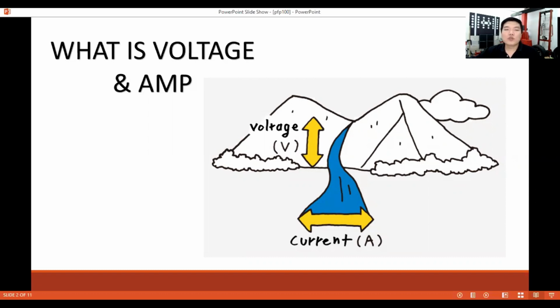The highest is mostly 100 amp. If you are repairing a car, you will also see the fuse is 100 amp, or for some cars 80 amp. If it goes more than that, it will blow. So that is for safety.